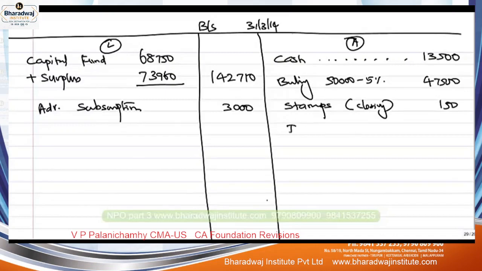Closing stock with the secretary 150. Investment, I hope there is no change. No, we have changed it. Investment 5,000 plus we have purchased shares, see. 5,000 plus shares purchased 75,000, total how much will come? 80,000.